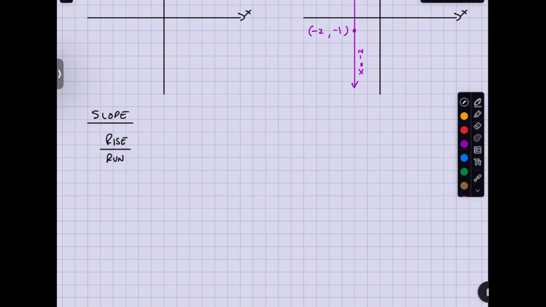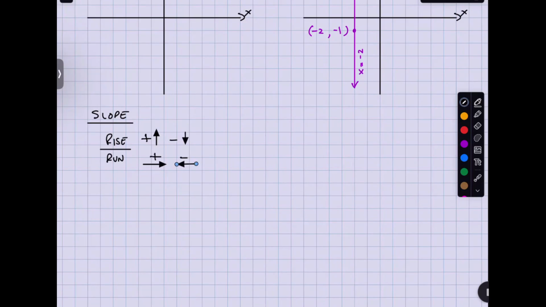And if the value up top of the fraction is positive, which way do we move? Up. And if it's negative, move it down. And if the bottom number of the fraction is positive, which way do we move? To the right. And if it's negative, to the left.